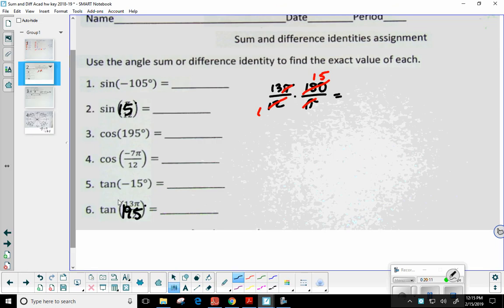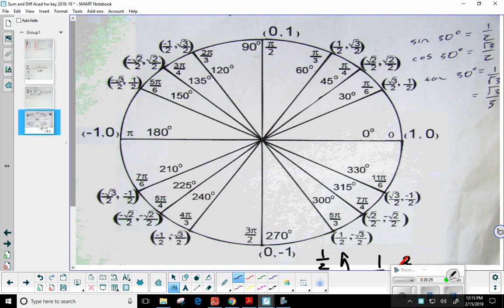Now, does it matter if I add or subtract? No. As long as I get two numbers off the unit circle that will add or subtract to give me 195 degrees. Okay, so I'm looking at my unit circle. What do we have? I'm already thinking of one. Okay.